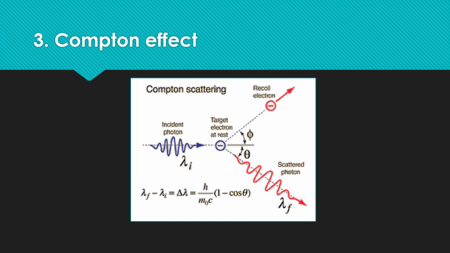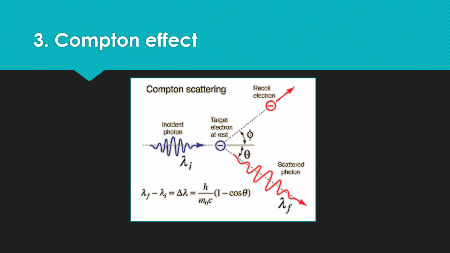The Compton effect happens when a single electron works as a target and where the recoil energy of the electron is larger than the binding energy of this electron. As we can see, when the incident photon transfers a part of its energy to the electron, a recoil electron is emitted after scattering.